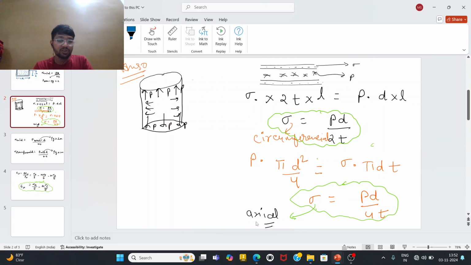By using this we get the axial stress as PD by 4t. This is a simple derivation of the circumferential and axial stresses: PD by 2t and PD by 4t.